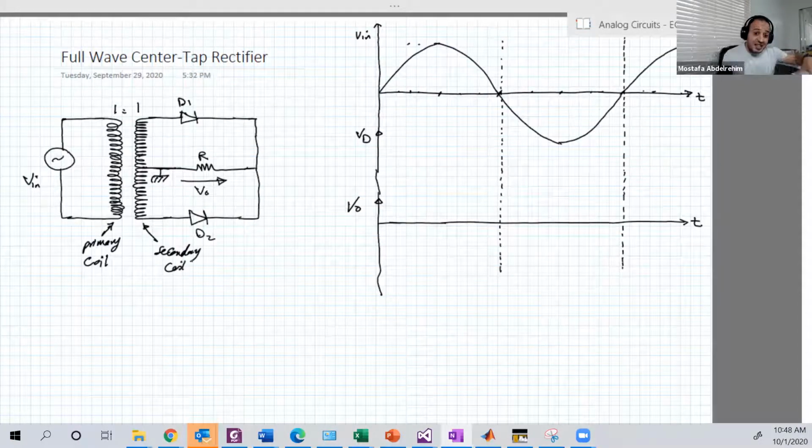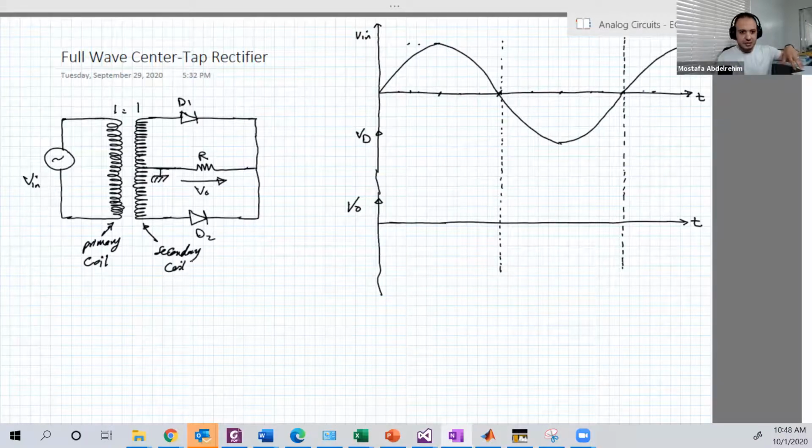Just by looking at this circuit, we realize that it has an advantage over the bridge full wave rectifier. Any idea what this is? What is the advantage of this circuit over the other one? Very simple. How many diodes here?